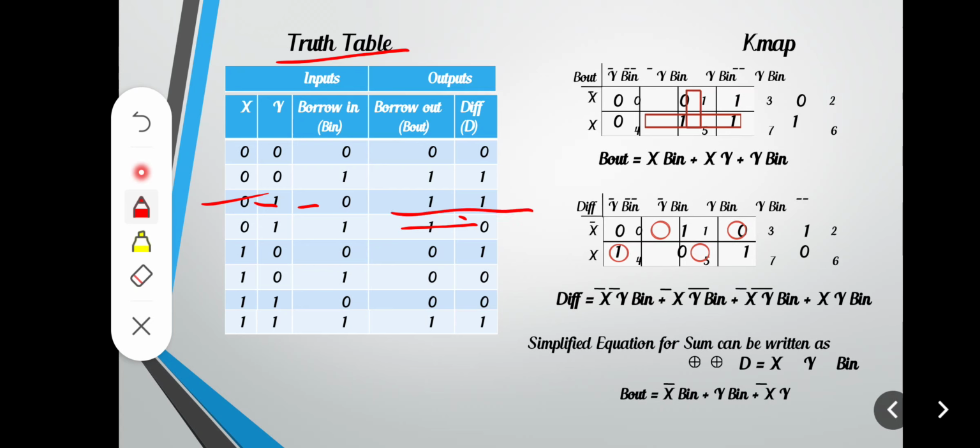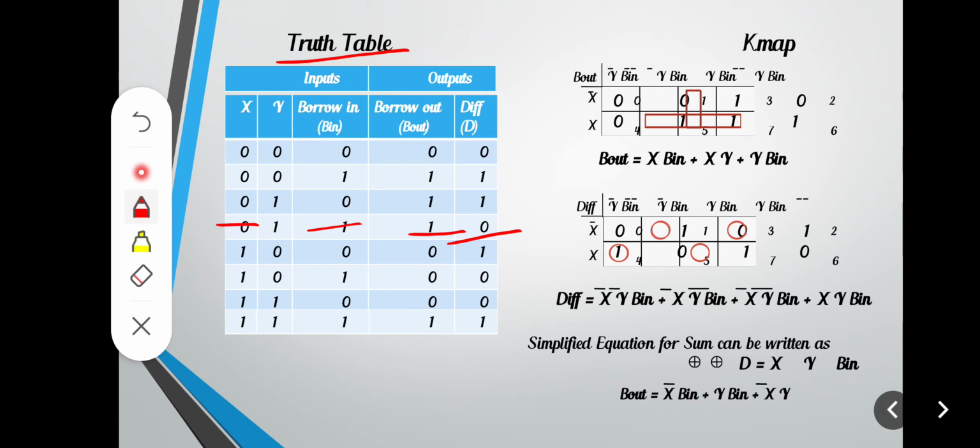Then if we move to the fourth case, 0 minus 1 is equal to 1 with 1 as a borrow, and this 1 minus 1 is equal to 0. That means in the fourth case this difference output is equal to 0 while the borrow is equal to 1.